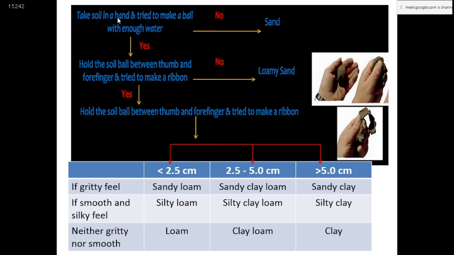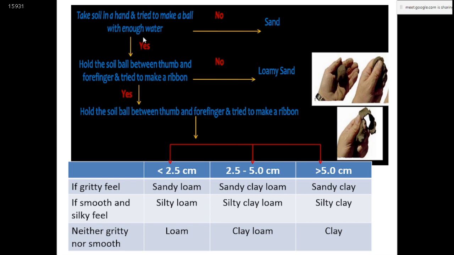Take soil in your hand and try to make a ball with enough water. First we try to make a ball with a little water. If the ball is not formed, then it is probably sandy soil, or we can say a high amount of sand is present in the soil.